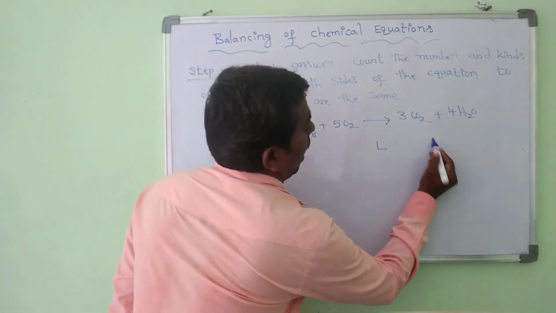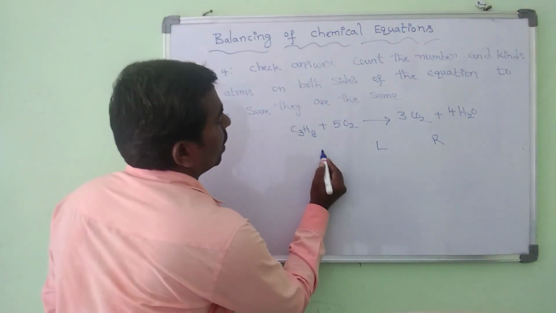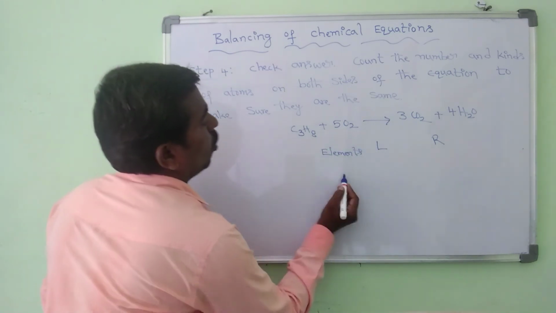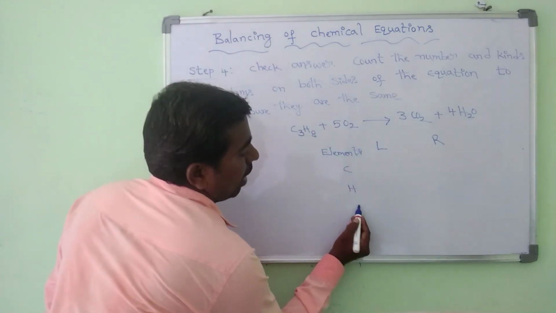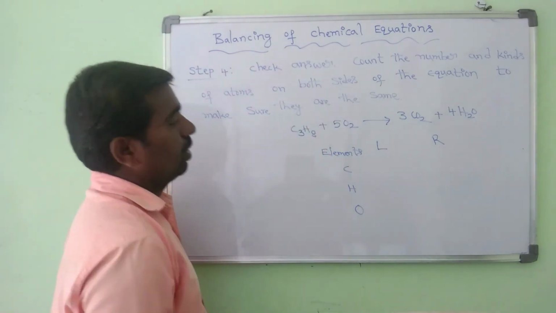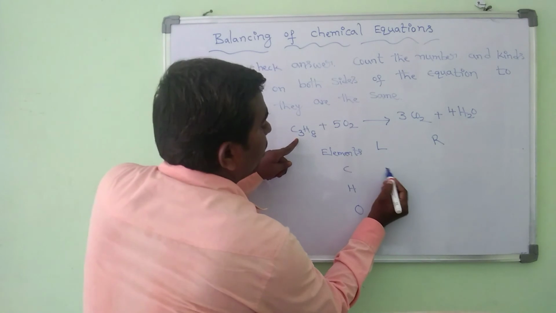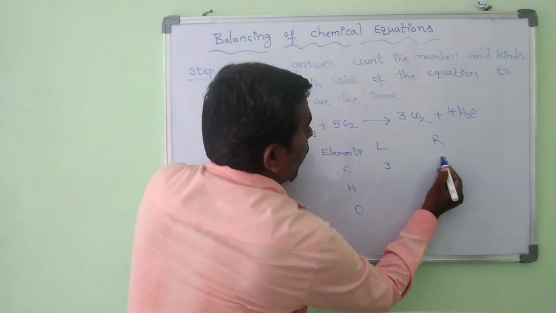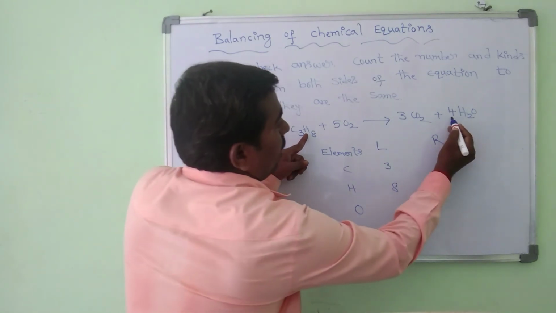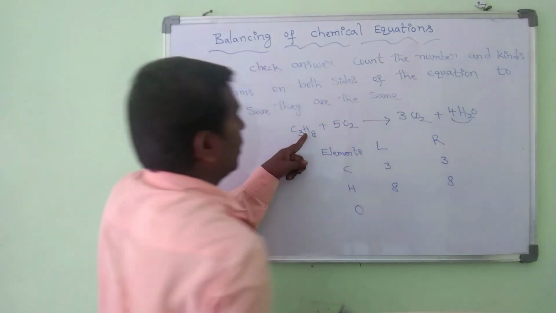Left side and right side, elements: carbon, hydrogen and oxygen. These three types of elements are there in this equation. Carbons on the left side 3, on the right side also 3. Hydrogens on the left side 8, right side 4 into 2 is 8.